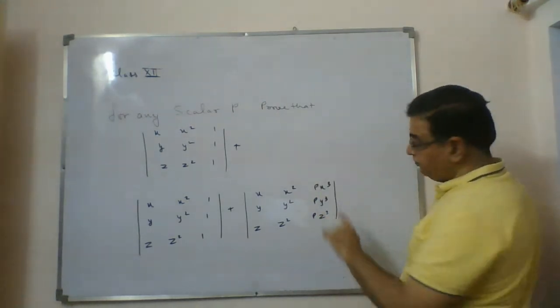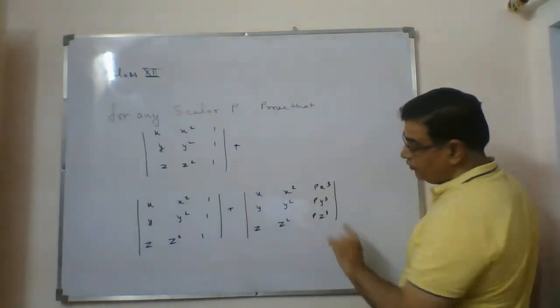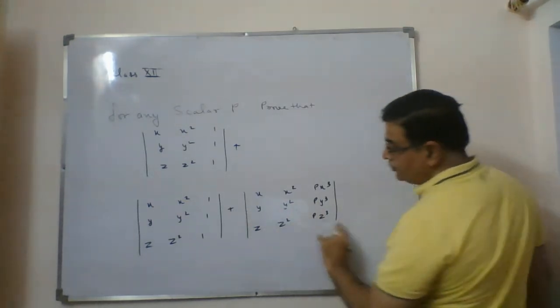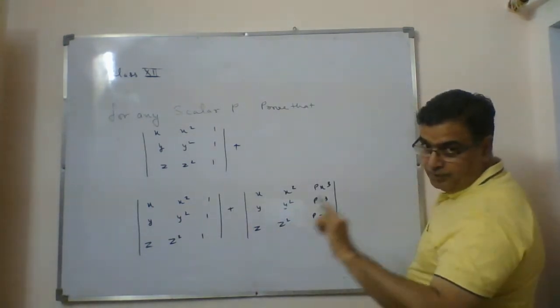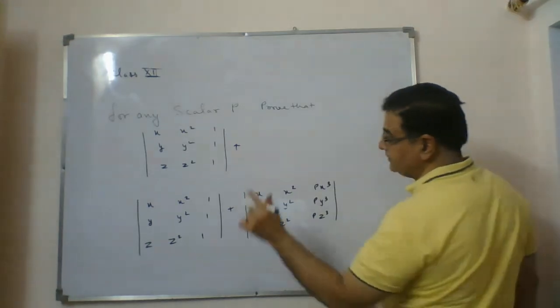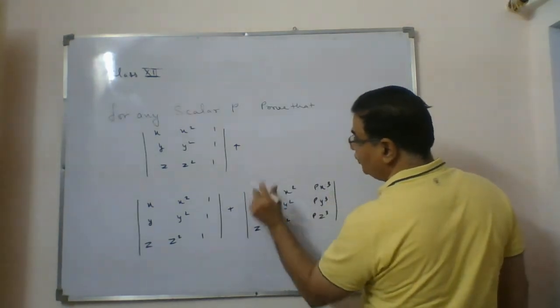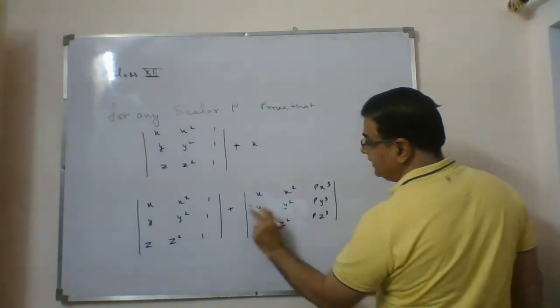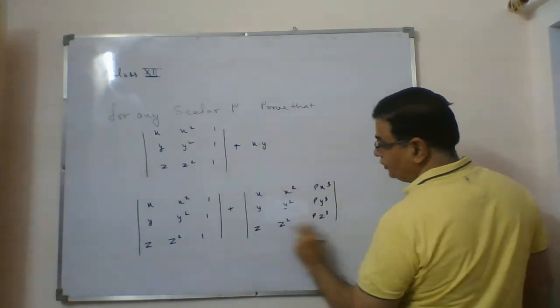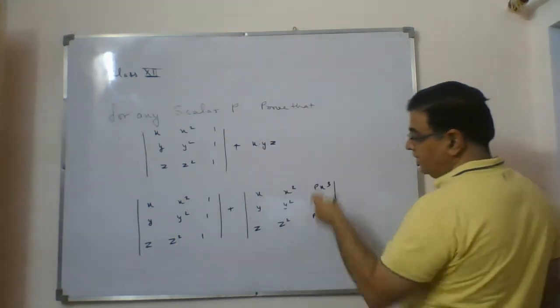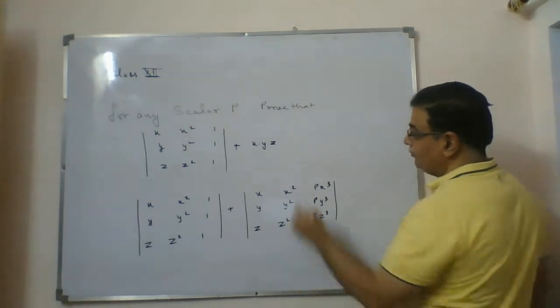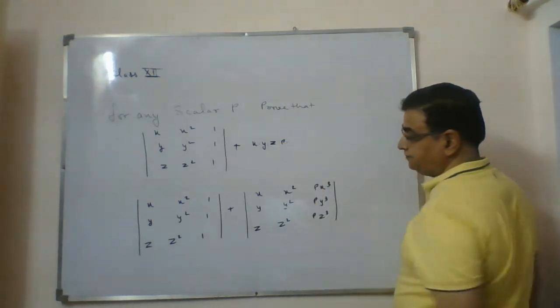And one more thing, x will be common from here, y will be common from here, z will be common from here. Common will be taken column wise or row wise. So here we'll say first row x common, second row y common, third row z common, and from the third column we will take p.